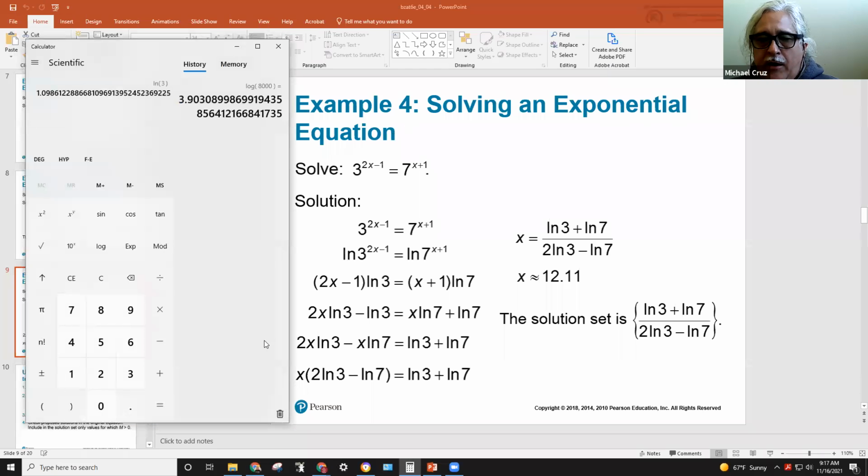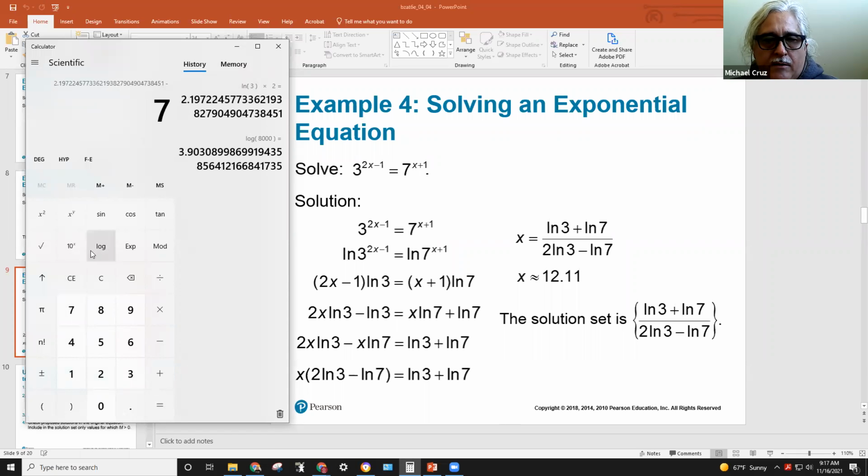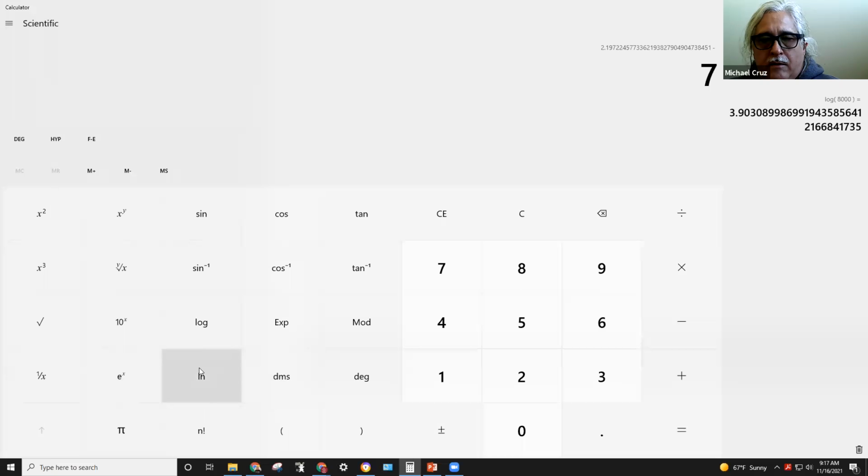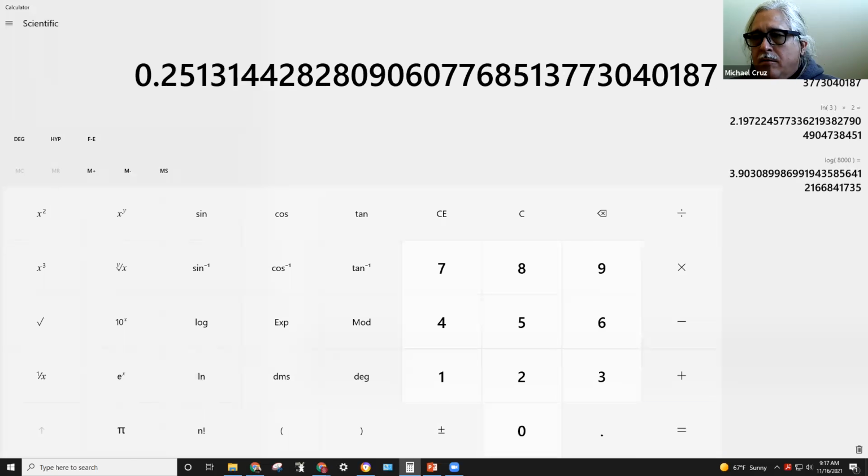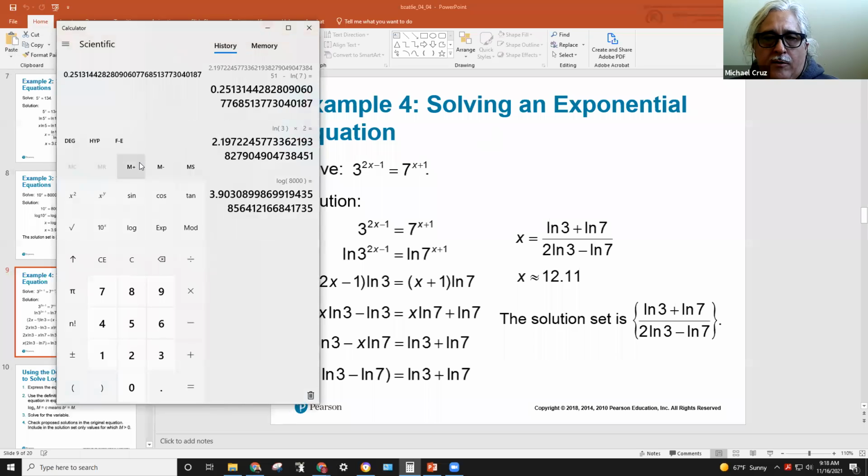So there's ln 3, and I'm going to times it times 2 minus ln 7 is equal to, so that should be our denominator. And then up here, it doesn't matter about the order you do it because it's addition. Remember, the reason why I have to store that is because with division, I got to divide denominator and numerator. I can't flip-flop it. With addition or multiplication, it doesn't matter.